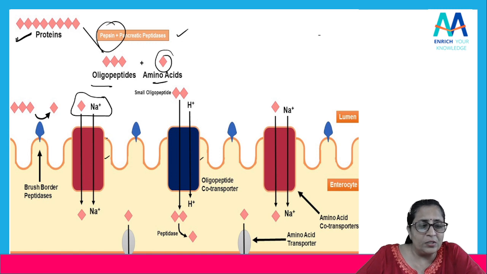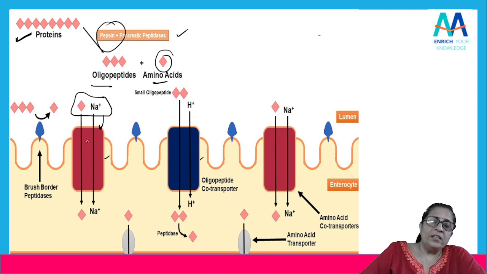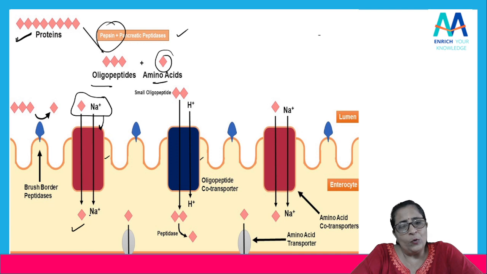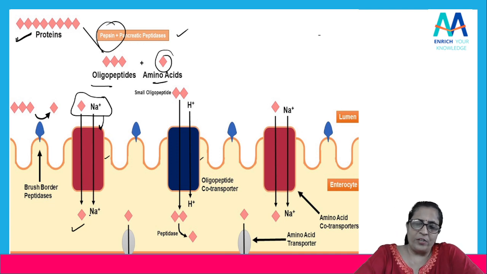कैसे होगा students? Now this sodium, it will move downwards, yes, through the electrochemical gradient to the interior of cell. सेल के अंदर जाएगा through electrochemical gradient, और जैसे ही वो अंदर जाएगा वो अपने साथ साथ it will pull the amino acids along with it, and it will take the amino acid inside the cell. तो इसको हम क्या बोलेंगे, this is again a co-transport, और we can say secondary active transport. गॉट इट.